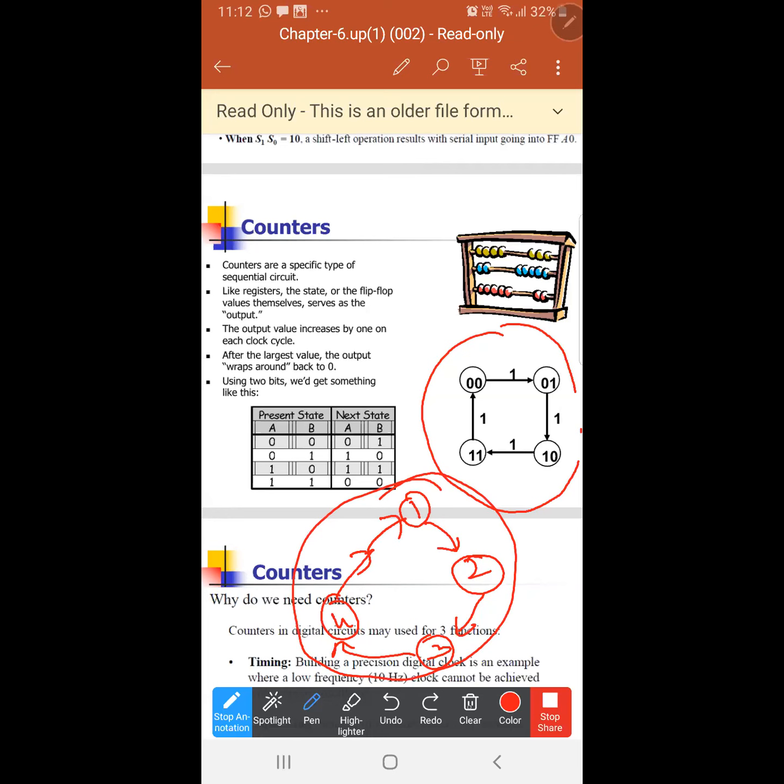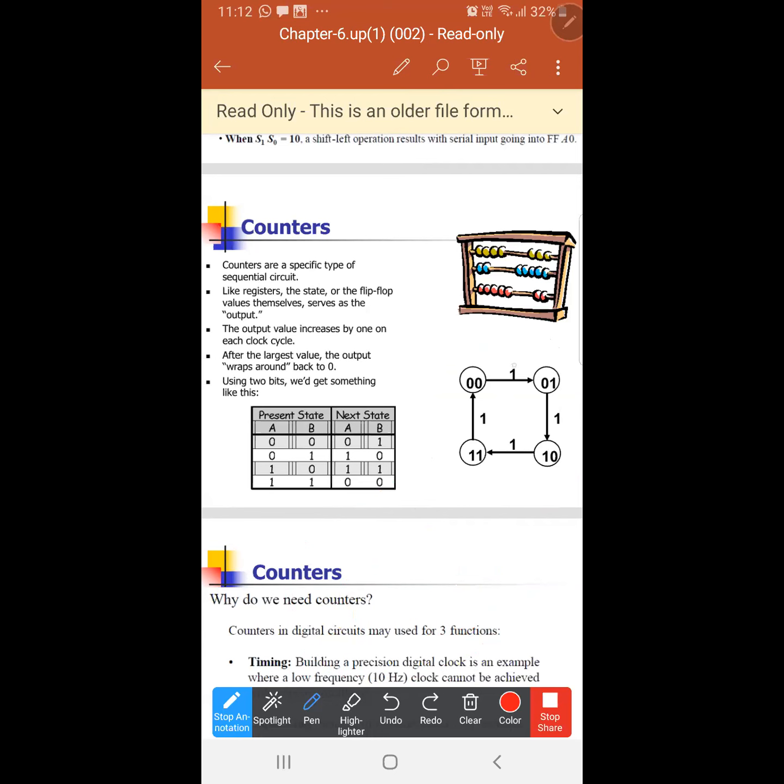So counters always have an input of 1, there will be no 0. That's why for this sequential circuit, counters, there is no need to mention input and output. No need, because the output is always 1, and the input is always 1.